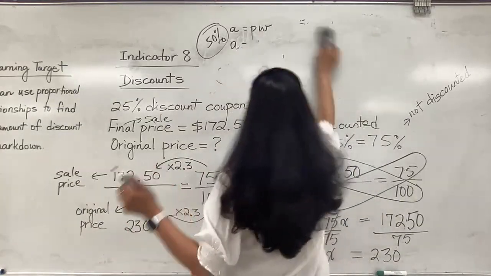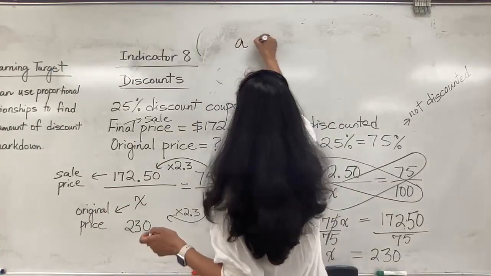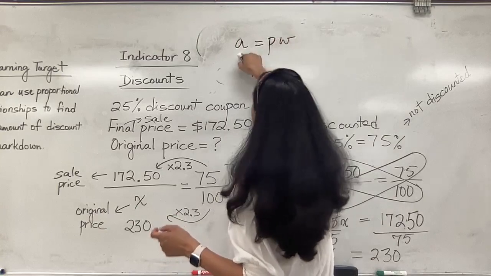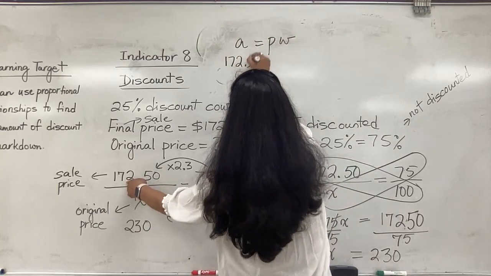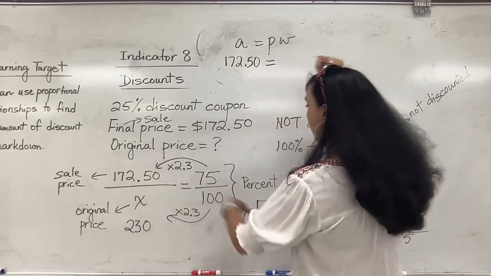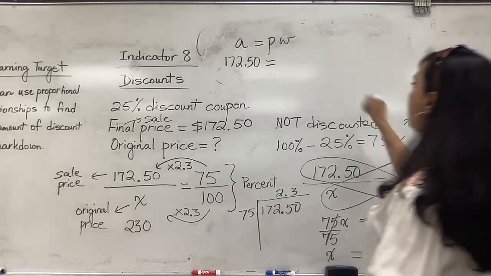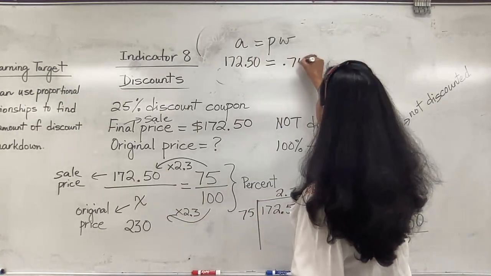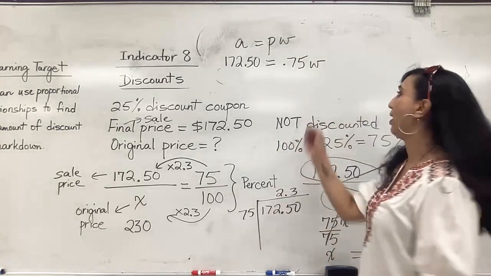See, this is what I mean. Let me show you really quick so that you understand all the different methods of calculation. I could have done this, and I know that the sale price has been given to me. This is this, and then I have the percent which is not discounted, which is this 0.75 times W. All right, so now what would I do?